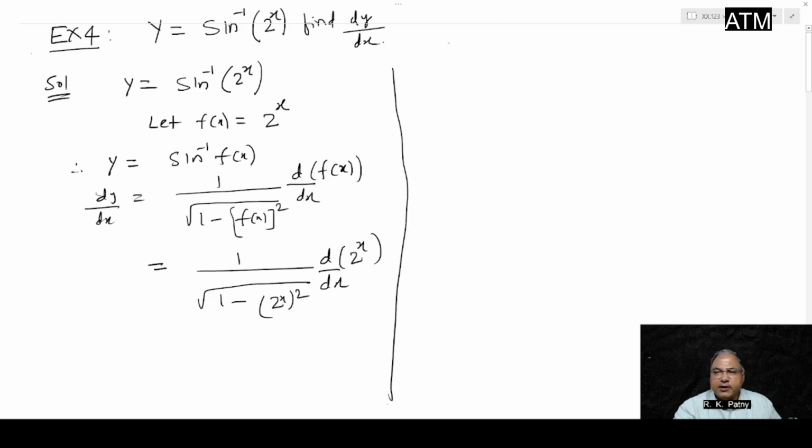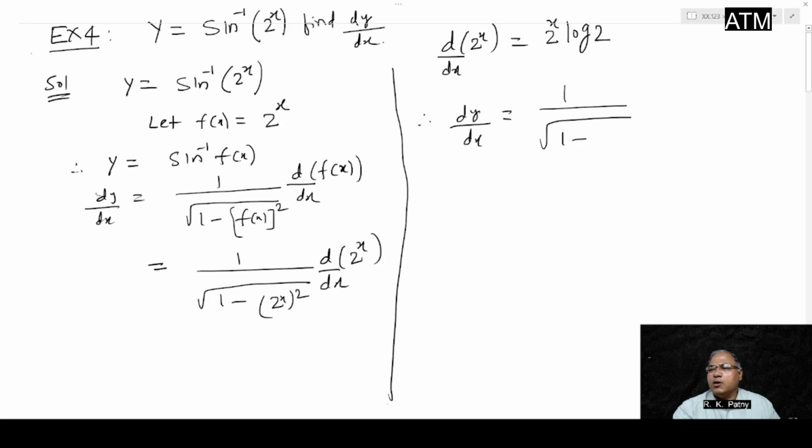We know that derivative of 2 raised to x with respect to x equals to 2 raised to x log 2. Therefore, dy by dx equals to 1 upon under root of 1 minus (2 raised to x) whole square into 2 raised to x log 2.